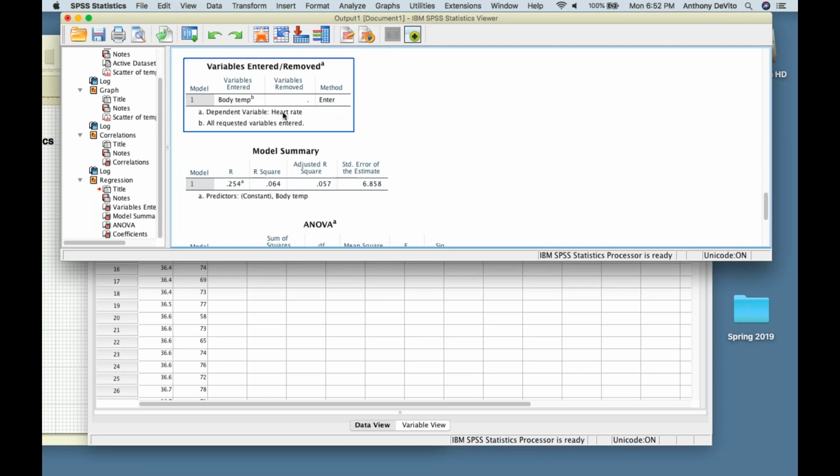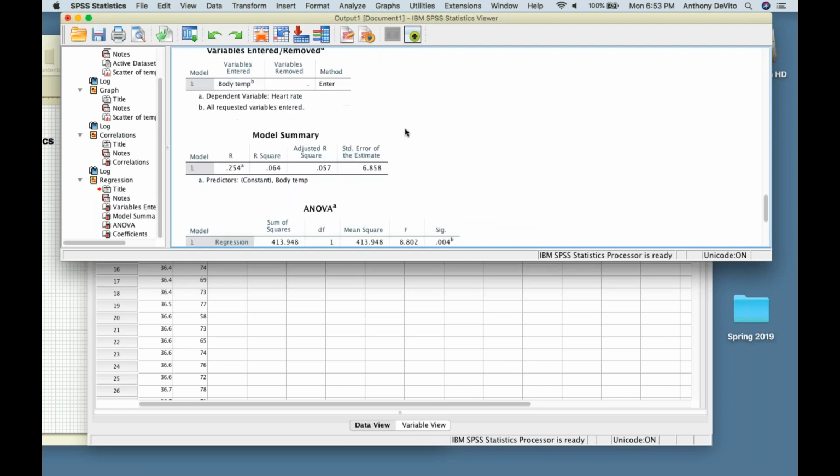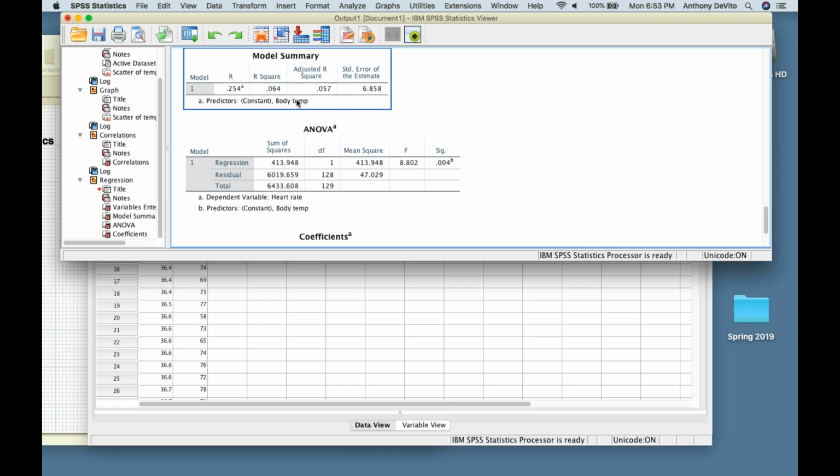First thing it tells us is the variable that we entered was body temperature. And so our R value, our Pearson's R value, the correlation, is equal to 0.254. And that is the same value that we got when we ran the correlation previously. Now R squared, we discussed R squared in the lecture.